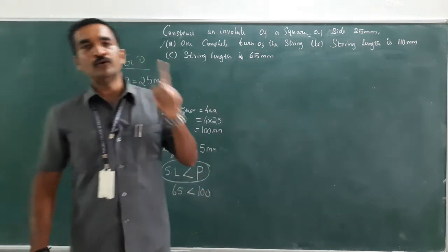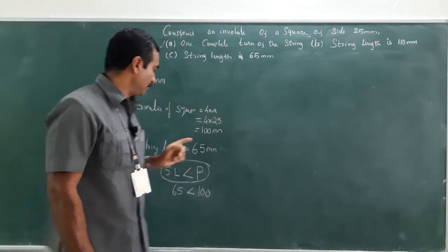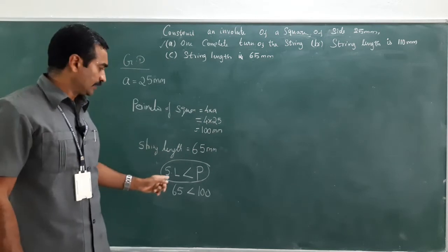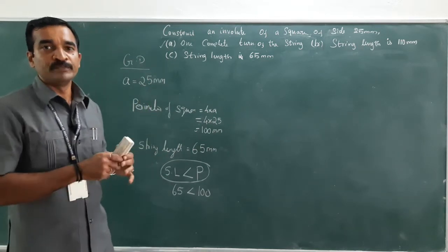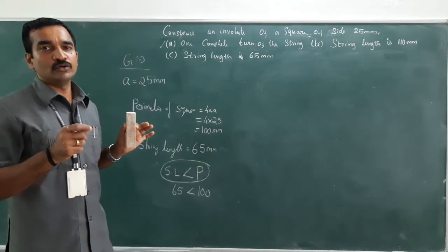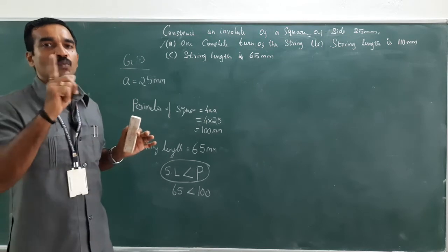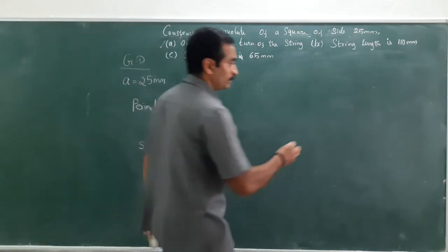To complete one full turn, we need a string length of 100 mm, isn't it? So here the condition says only the string length is 65. Therefore, there is a shortage of 35 mm, right? Therefore, it won't complete one full turn. Let's see how the profile is going to come.